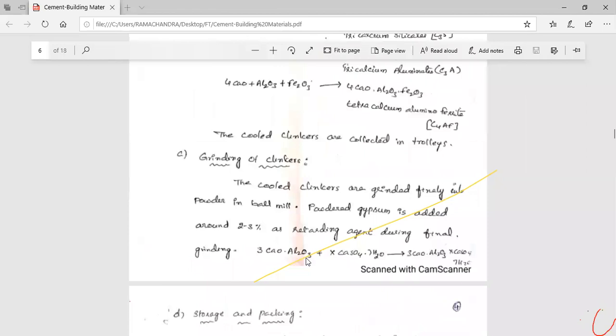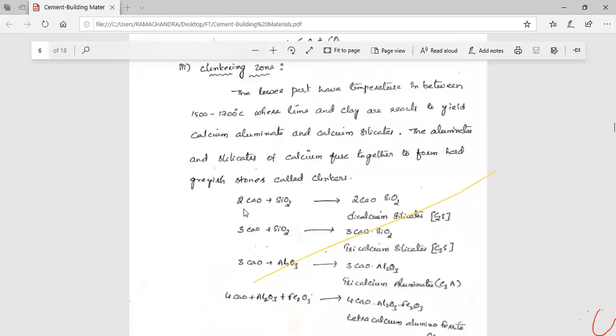Coming to the clinkering zone, calcium oxide plus silicon dioxide react to give dicalcium silicates. Initially we discussed the chemical composition and percentage of components in Portland cement.